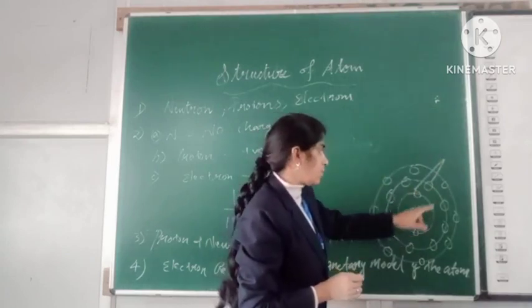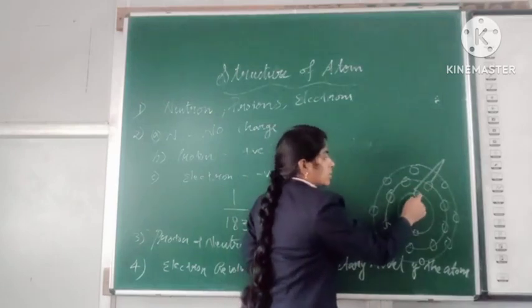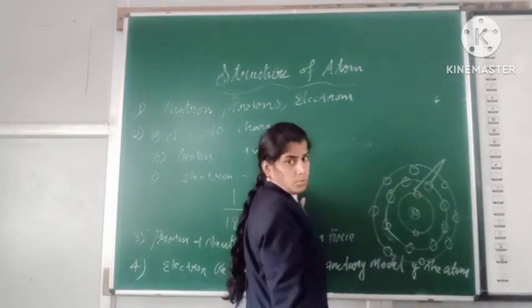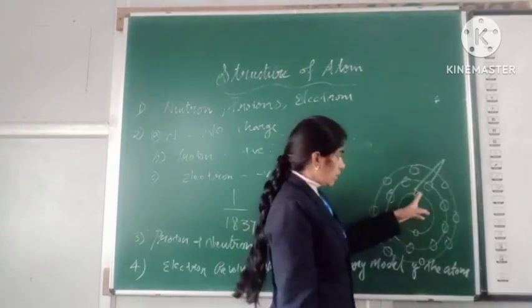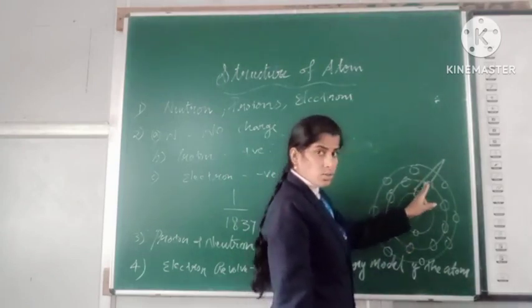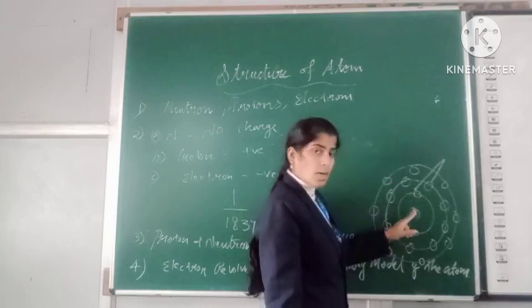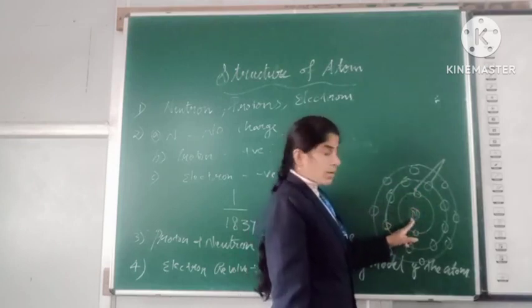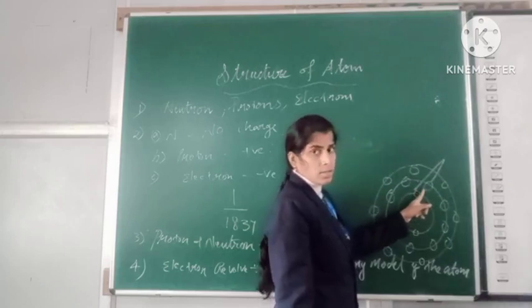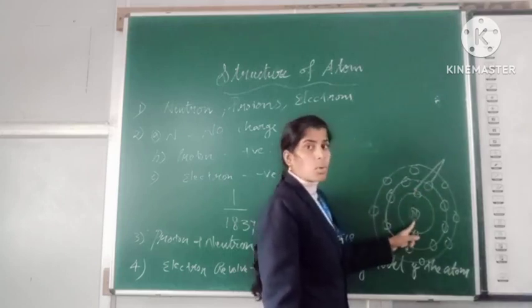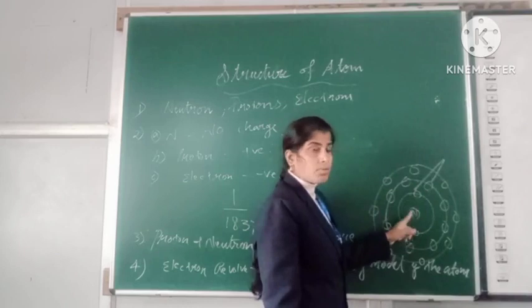So these have a bond, they are held strongly by the attractive force, strongly by the electric pull of the proton. See these two electrons, they are close to the nucleus, so they are strongly held because of the electric pull of the proton.